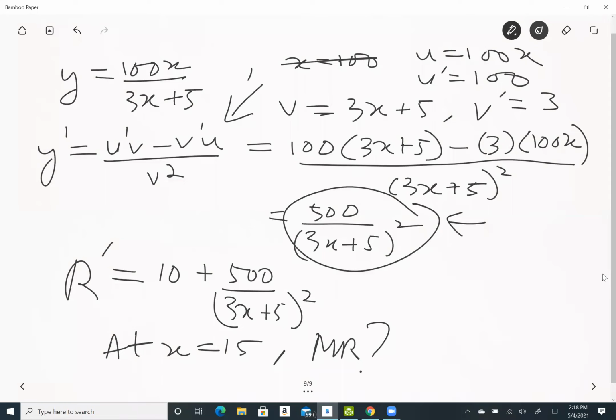Into the r prime. Substitute into the r prime. So we substitute x equal to 15 into r prime, which is the marginal revenue. Because you want to find the marginal revenue. If you want to find the revenue, then we substitute into the revenue. So if you do that, at x equal to 15.